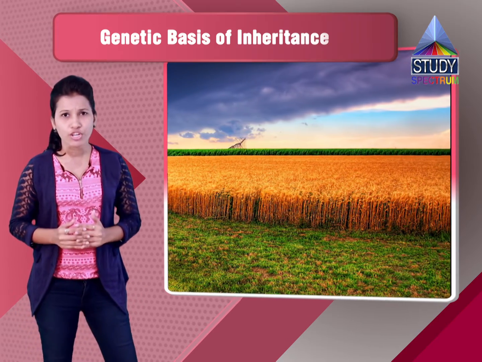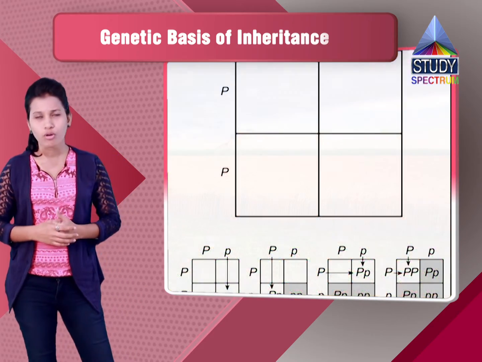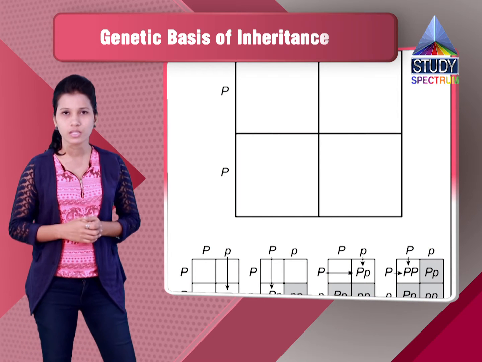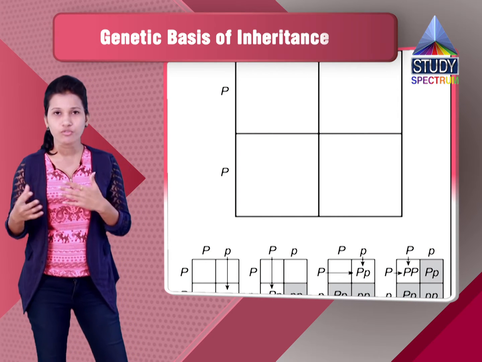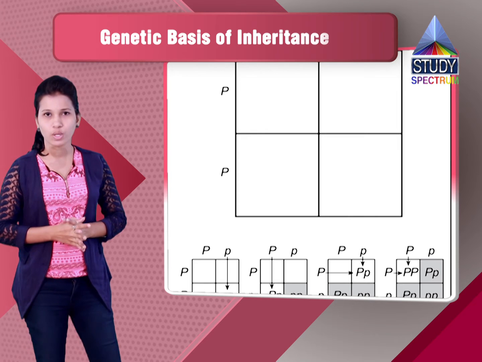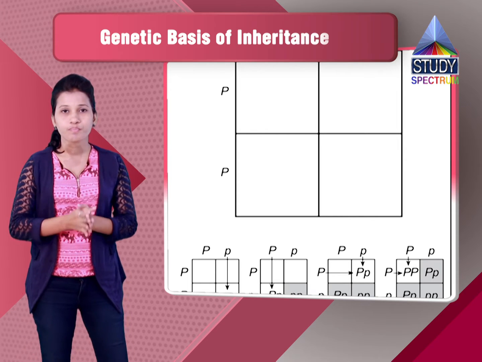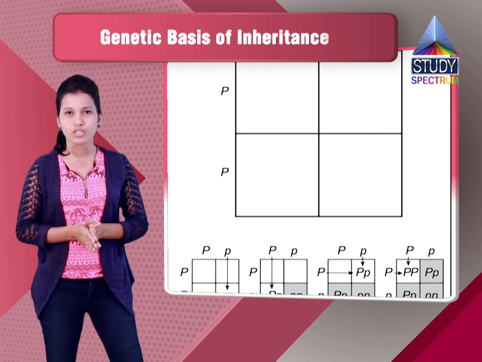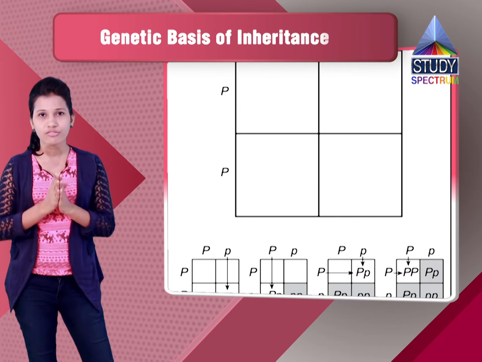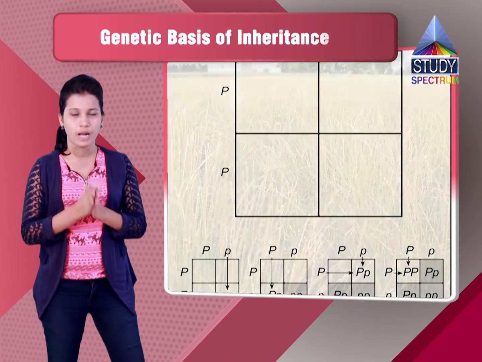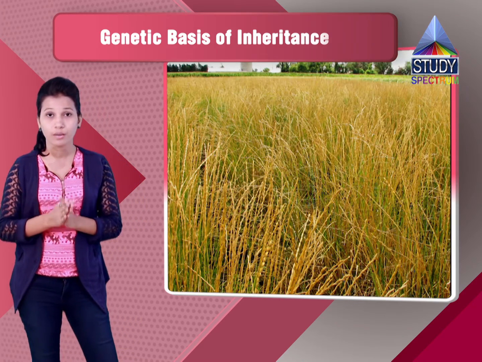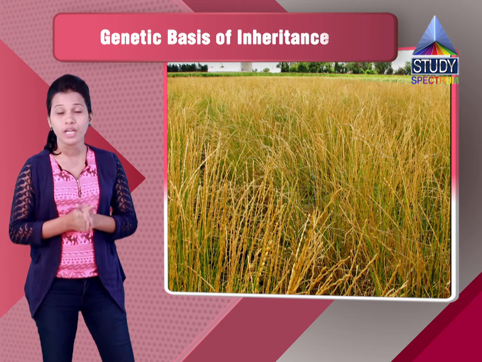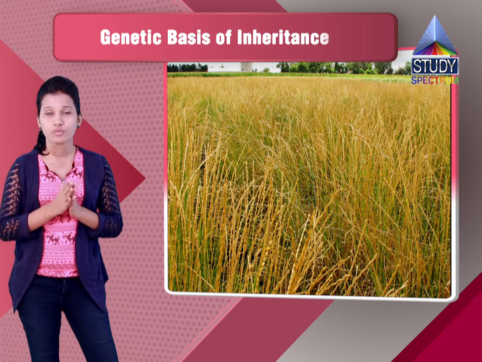If you see the F2 generation, according to the Punnett square or according to the Checkers board method, we can see that there are different types of genotypes and different phenotypes that we can see in the cross. That is, during selfing, in the F2 generation we can get one darkest red color plant which is having one darkest red color kernel. Then medium red color kernel will be there, which will be 4.